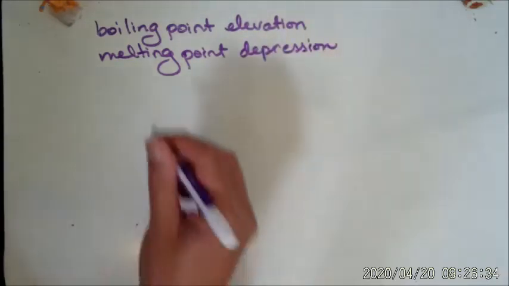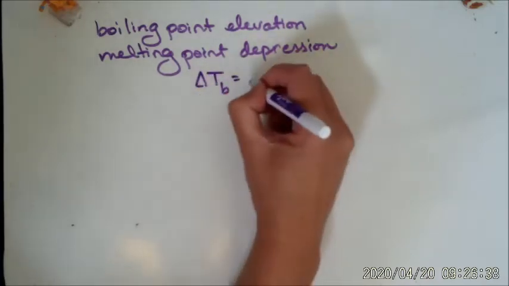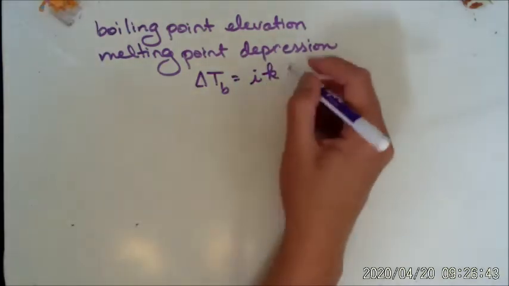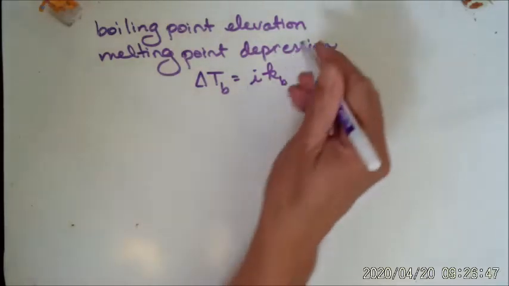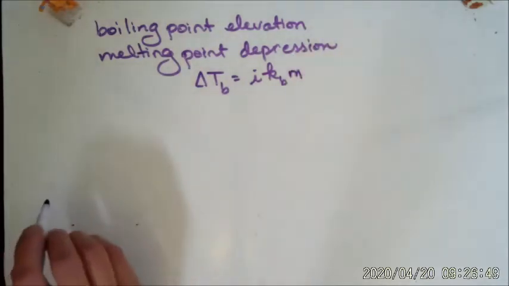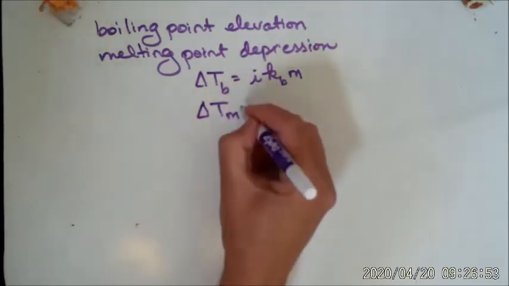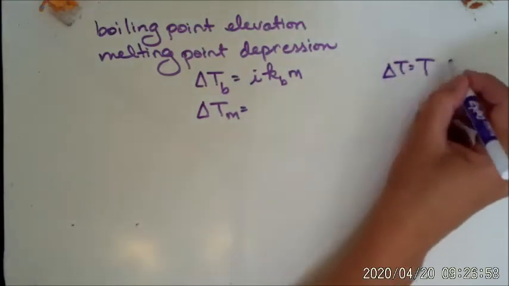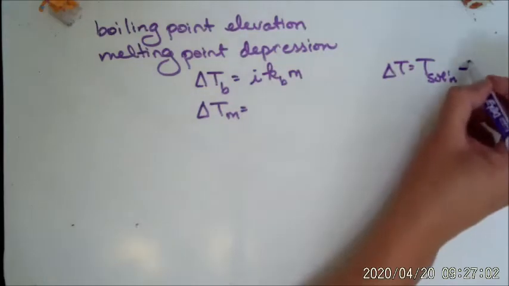Let me tell you that the change in temperature for your boiling point is your Van't Hoff factor times your molal boiling point elevation factor times molality. For your melting point, because you depress it, it's a negative value, since delta T is equal to T of your solution minus T of your solvent.